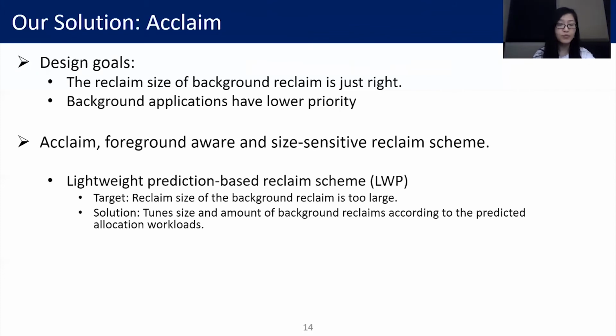A lightweight prediction-based reclaim scheme, LWP, targets the first problem: the reclaim size of background reclaim is too large. It solves this problem by dynamically tuning the size and amount of background reclaims according to the predicted allocation workloads.